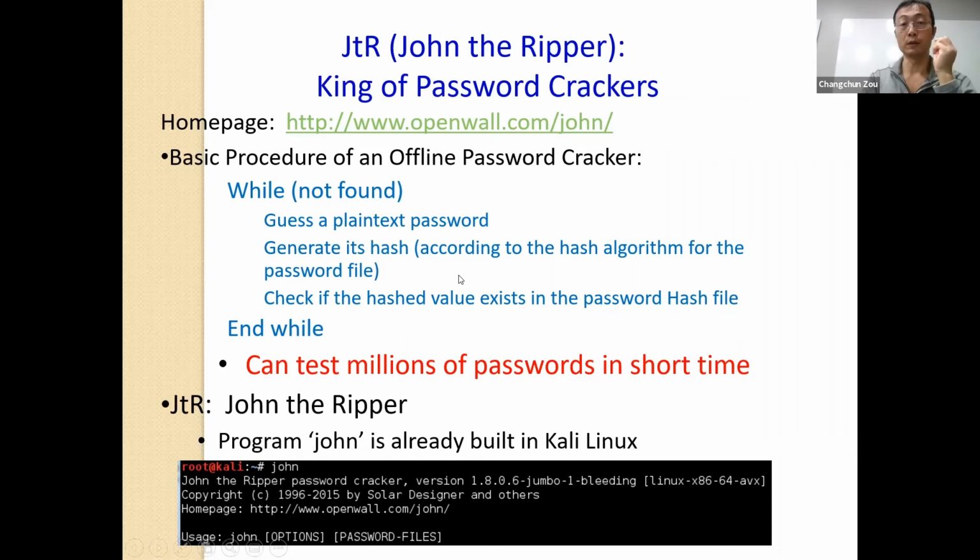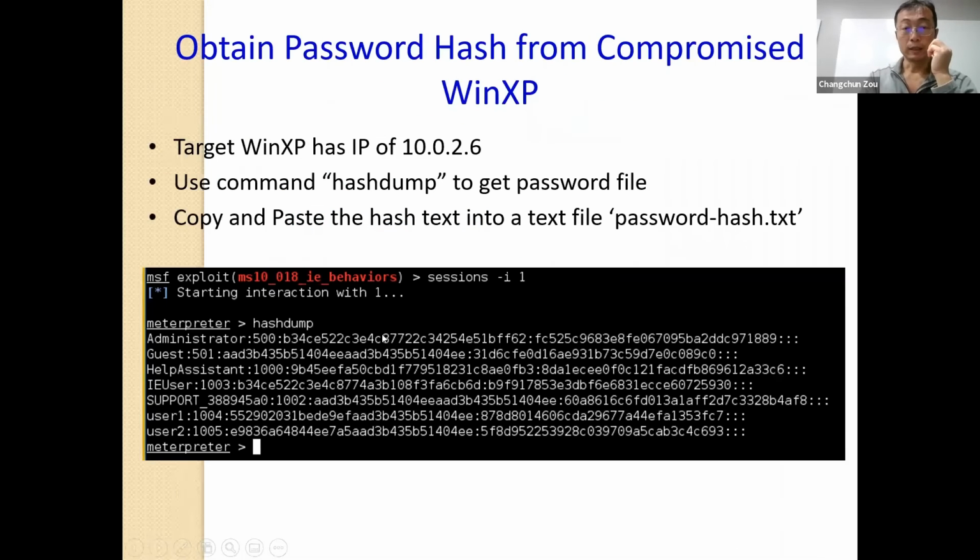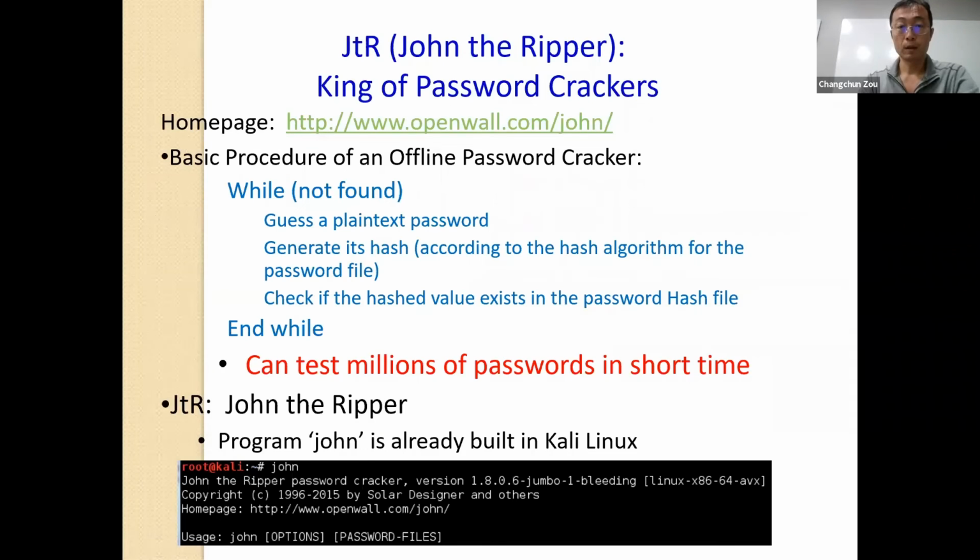Then it checks whether the hash value exists in the password hash file. If it matches, then you find the password for a particular account. If it does not match, you go back, pick another plain text password, and generate a hash.